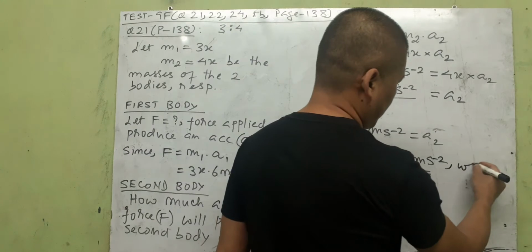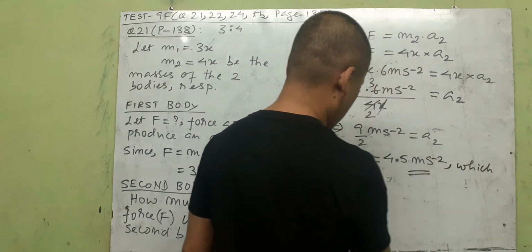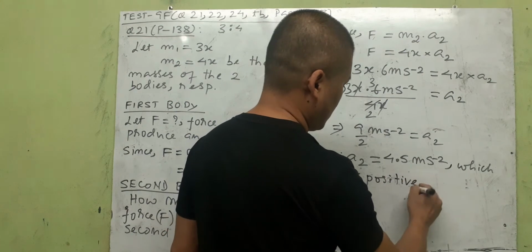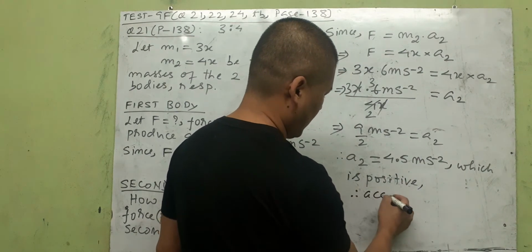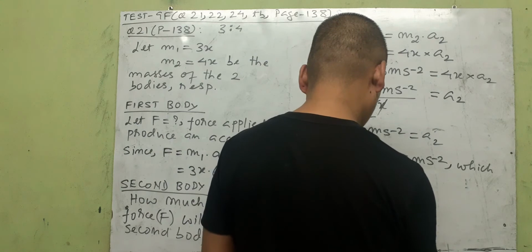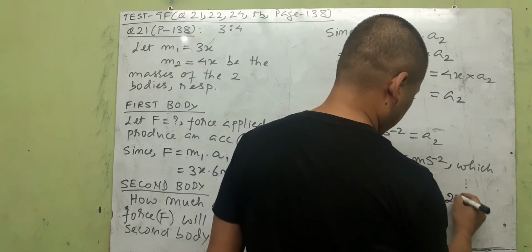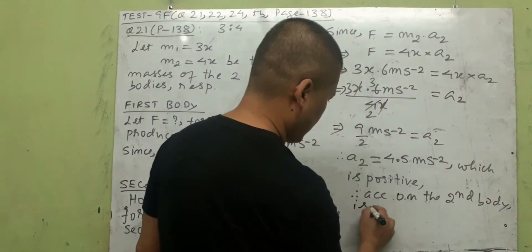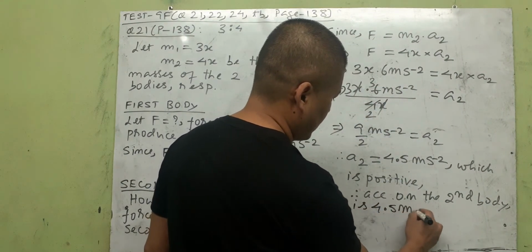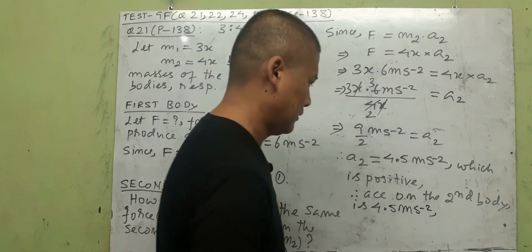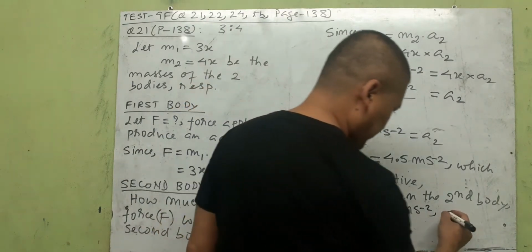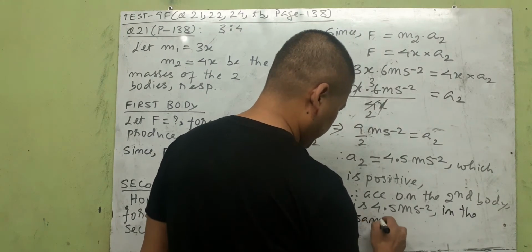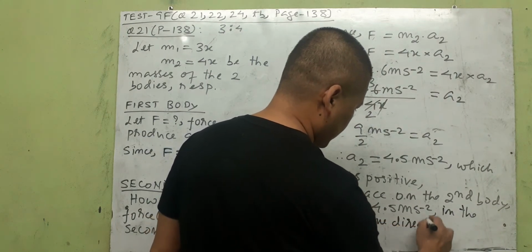We will write, if you want, that it is positive, because it is coming out plus. Therefore, the acceleration on the second body is 4.5 meter per second square. Positive means in the same direction.